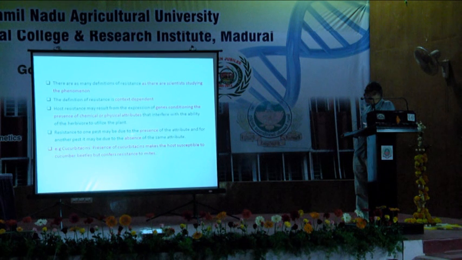Resistance to one pest may be due to the presence of an attribute, and for another it may be due to the absence of the attribute. For example, the presence of cucurbitacins makes the host susceptible to cucumber beetles, but confers resistance to mites. So when we are studying, we will be in a complex situation, and we may not know what is the actual reality.